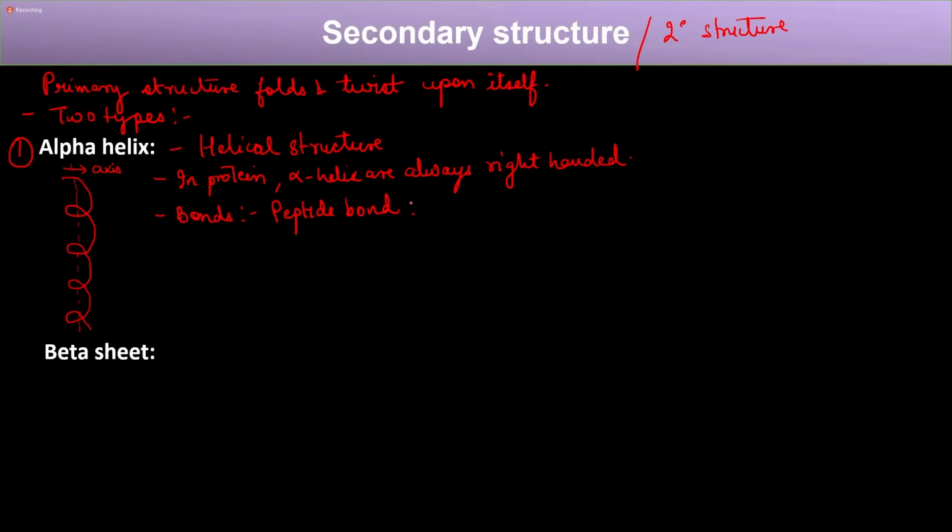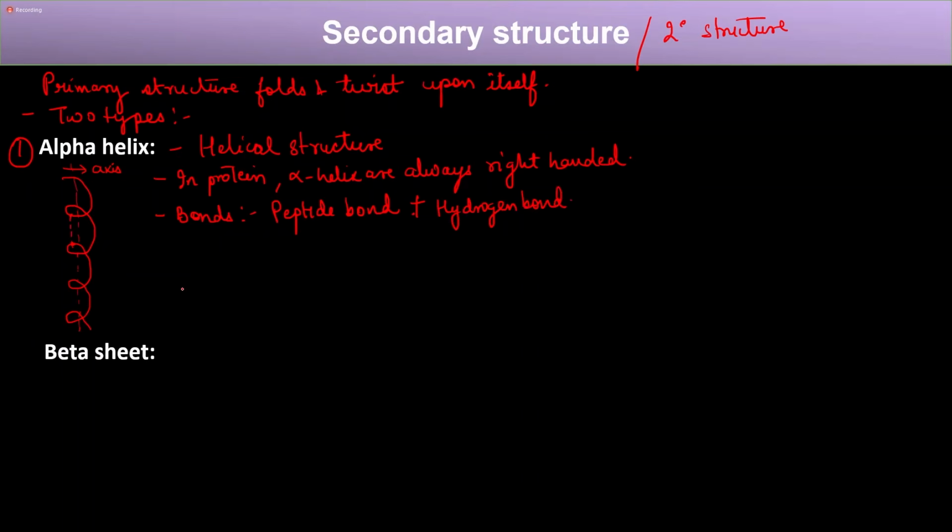But apart from the peptide bond, the alpha helix is also stabilized by another type of bonding. Suppose here is one amino acid and here is a second amino acid. These amino acids interact by hydrogen bonding. So the second bond present in the alpha helix is the hydrogen bond.